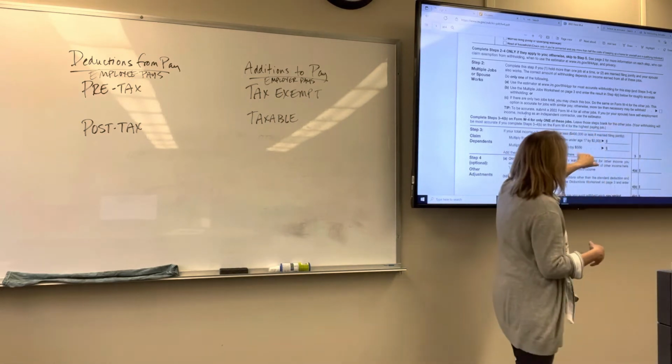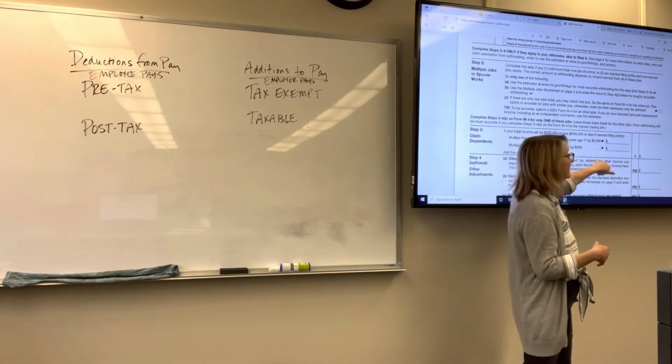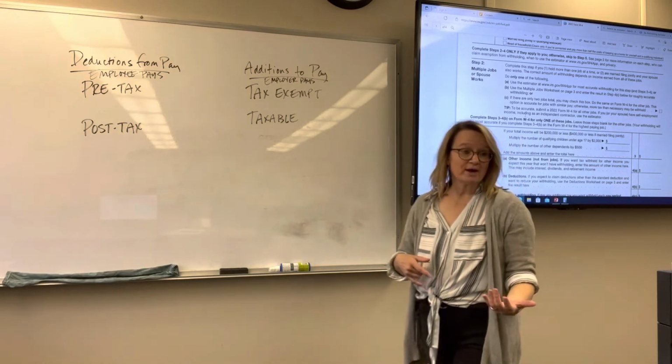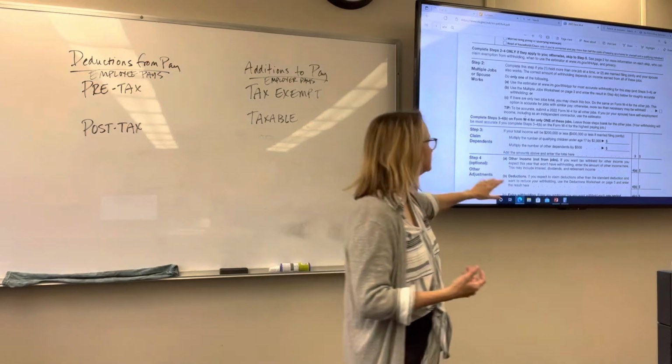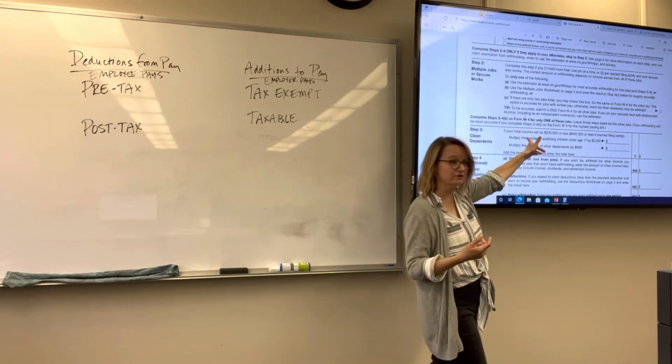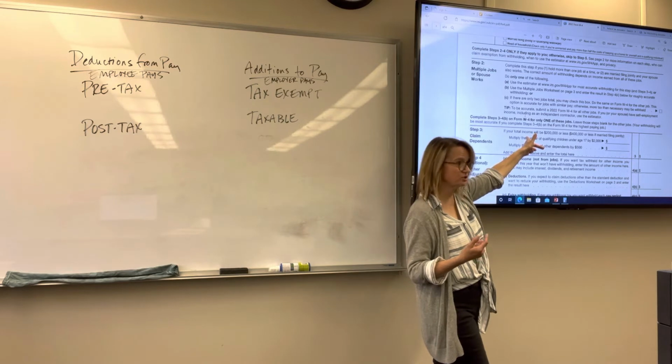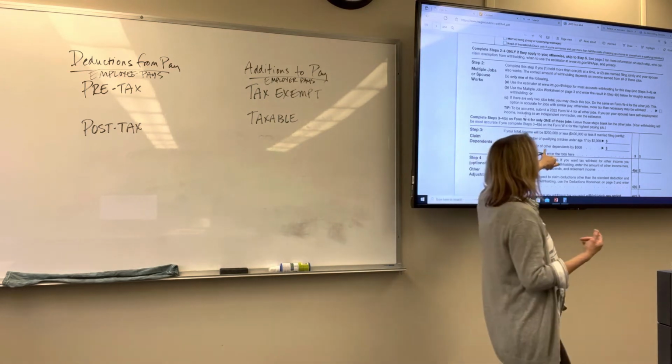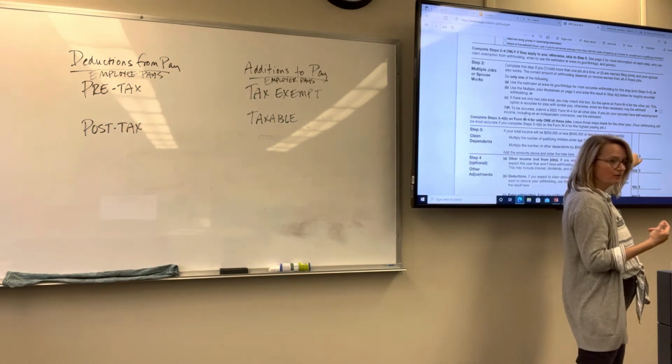Then we've got this other dependent amount of $500. This is a separate credit: if you have somebody that does not qualify as a qualifying child for purposes of the child tax credit, they may qualify for this other dependent credit.